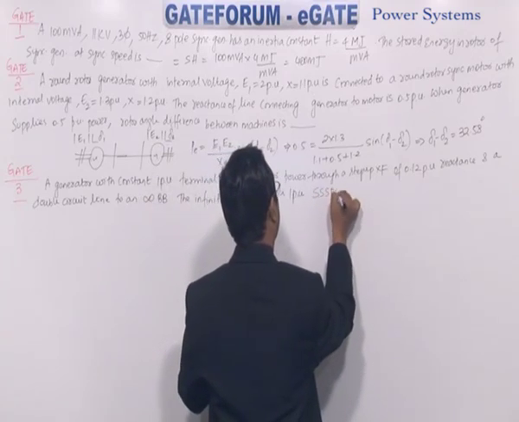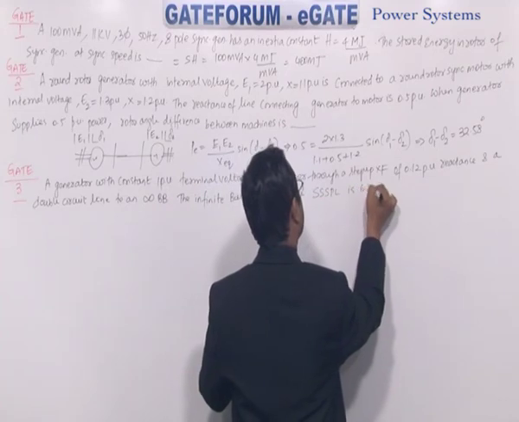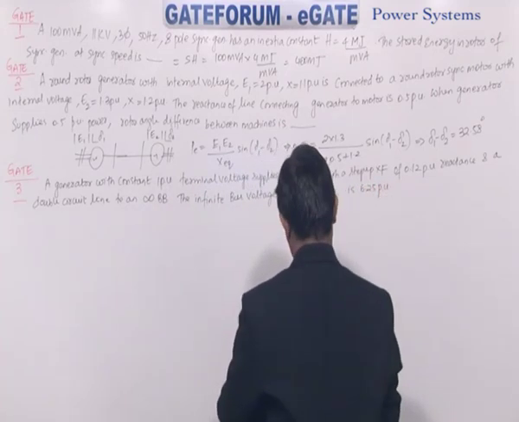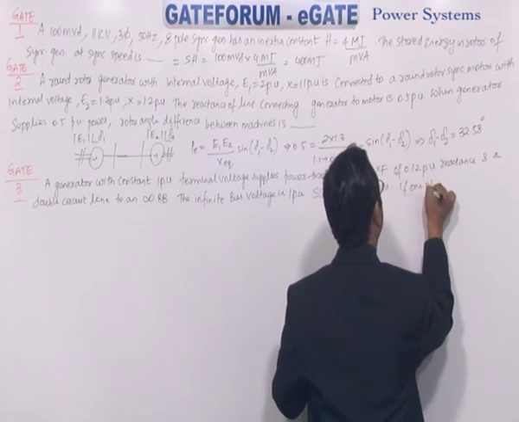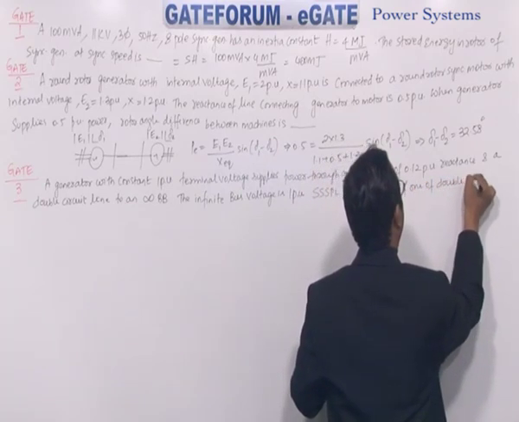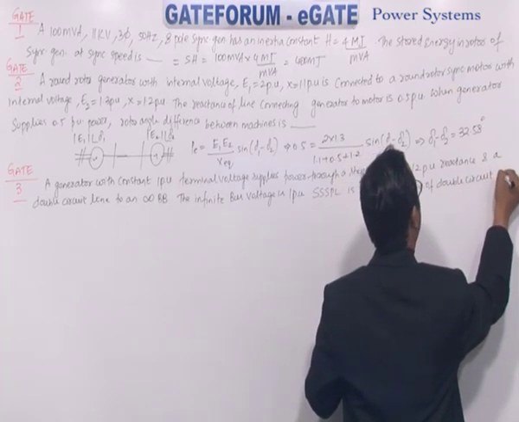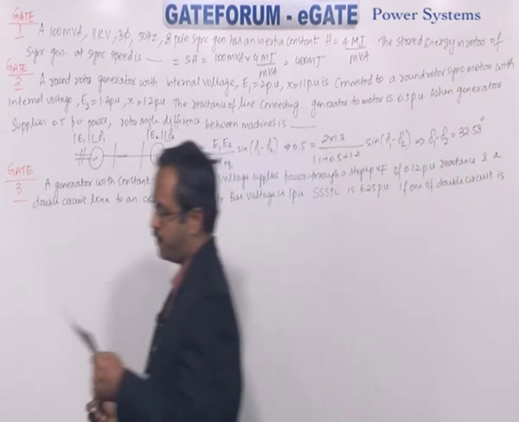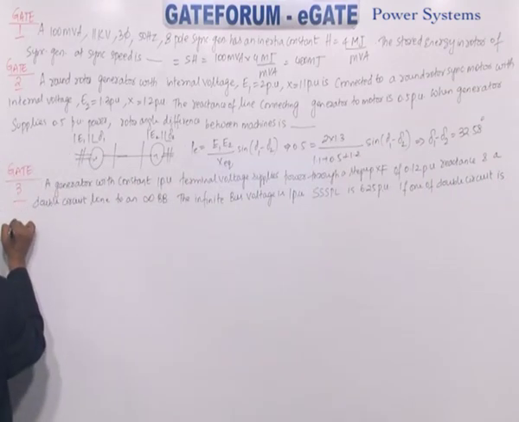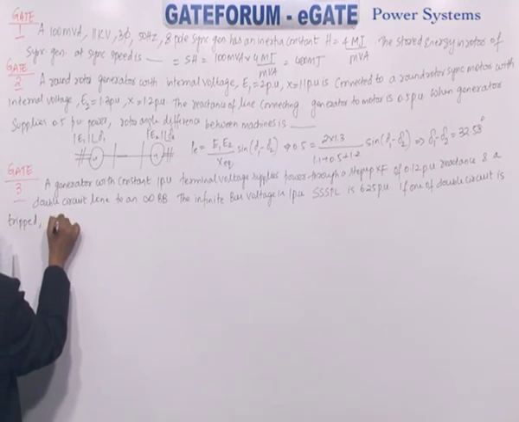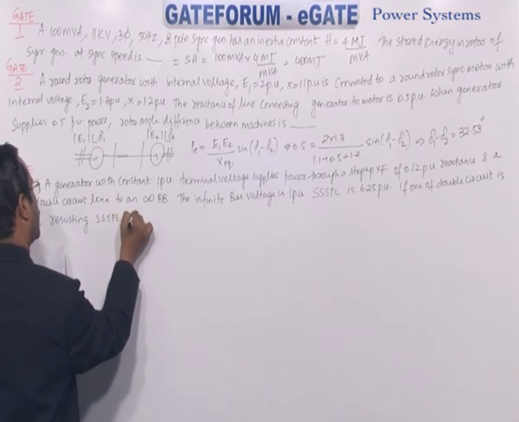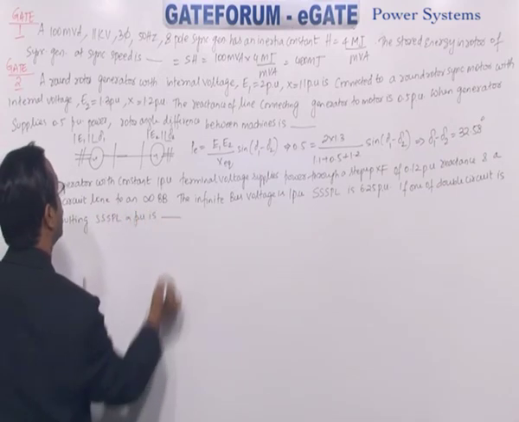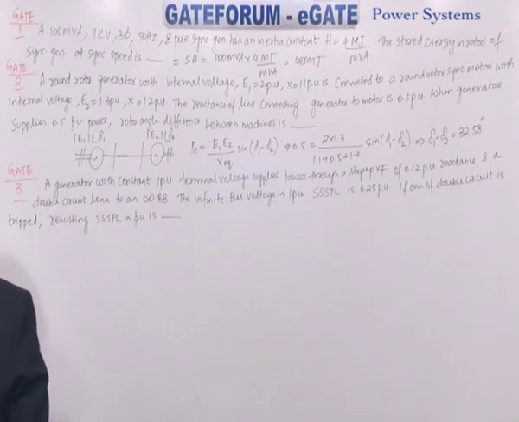Steady state stability power limit is 6.25 per unit. If one of the double circuit lines is tripped, the resulting steady state stability power limit in per unit is.